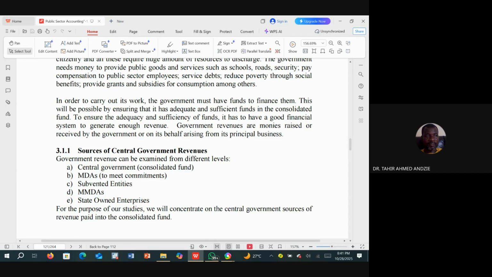This will be possible by ensuring that it has adequate and sufficient funds in the consolidated fund. So for government to provide all these social amenities, it can be possible when government makes sure that they have enough funds in the consolidated fund to help execute all these facilities.